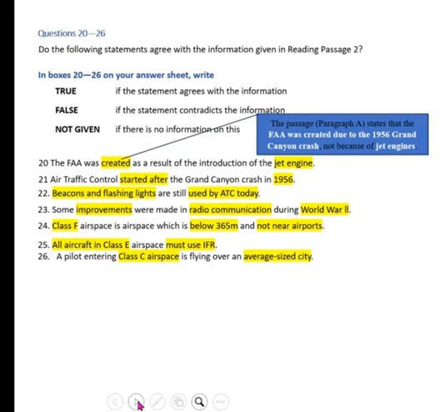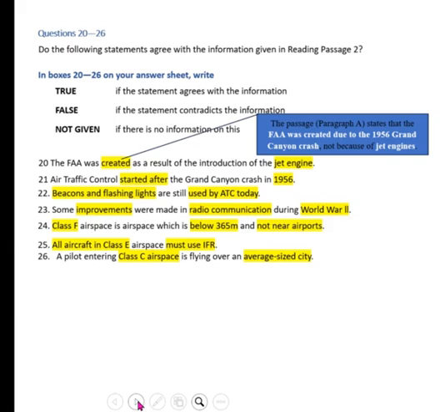Question number 21. Air traffic control started after the Grand Canyon crash in 1956. We need to establish first our understanding of these statements. There is an establishment of air traffic control, a set of people that are in charge of air traffic.